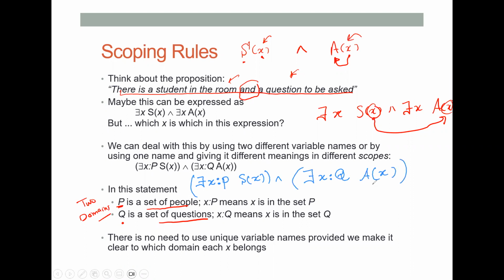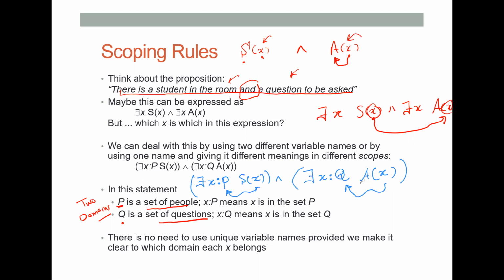So it means that this X belongs to the domain of people, where the other X belongs to the domain of questions, which is now modeling the correct situation.